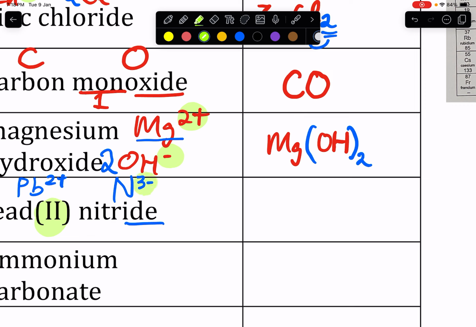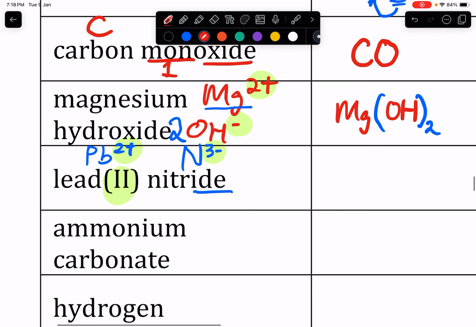So how do I balance the charges? One is 2 plus, one is 3 minus. This is where the concept of lowest common multiple comes in. 2 and 3, their lowest common multiple is 6. Hence, for lead I need 3, and for nitrogen I need 2. Together they will form 6 positive charges and 6 negative charges.